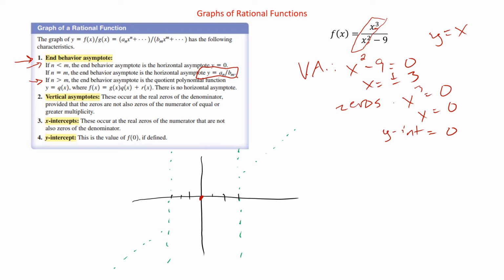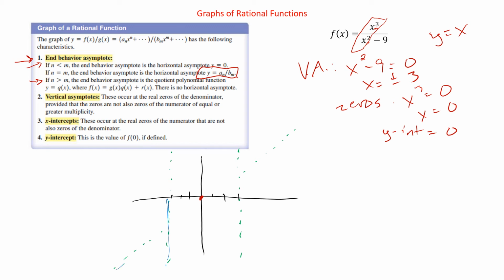Now we just need to figure out where it's going to be in the graph. Is it positive? Is it negative? We know that we have an asymptote here, and so it's going to either be going down to negative infinity or up to positive infinity.